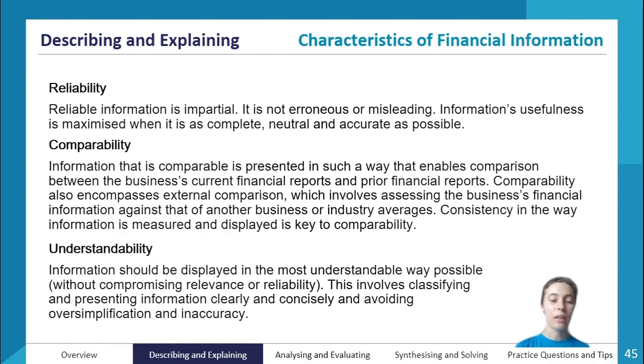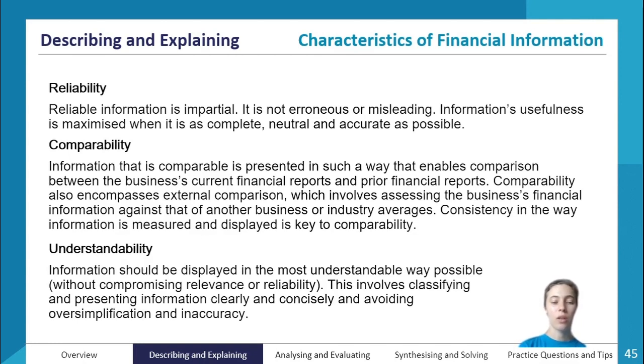Understandability is pretty straightforward. Information needs to be displayed in the most understandable way possible. In saying that, it's not able to compromise relevance or reliability. Those are the priorities, and then understandability is next.